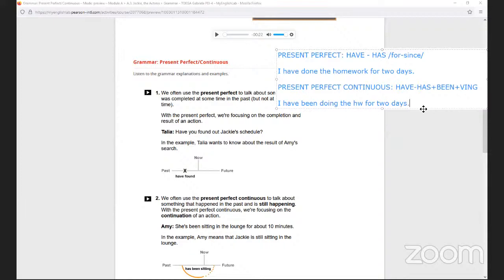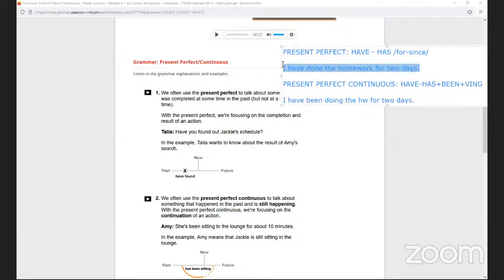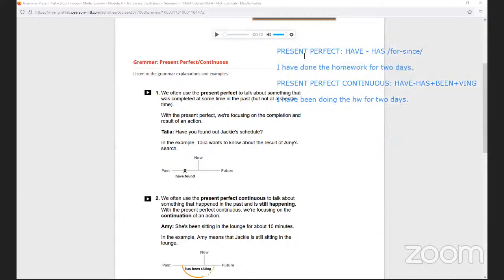So in your opinion, what is the difference between this and this, Gabby? Could you see a difference?